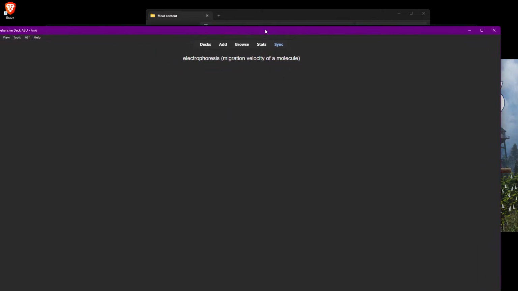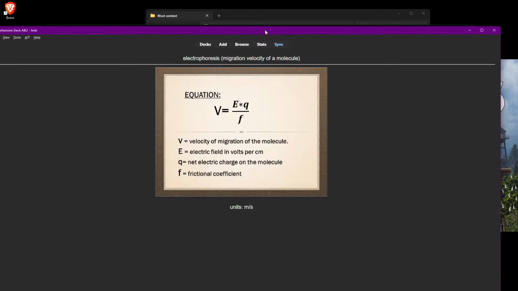Electrophoresis equation. So speed is equal to EZ over distance, I'm assuming. Yep.